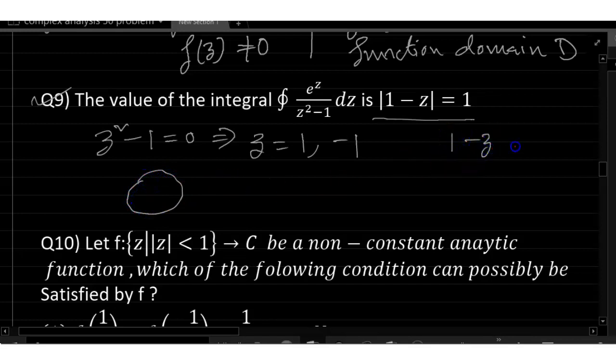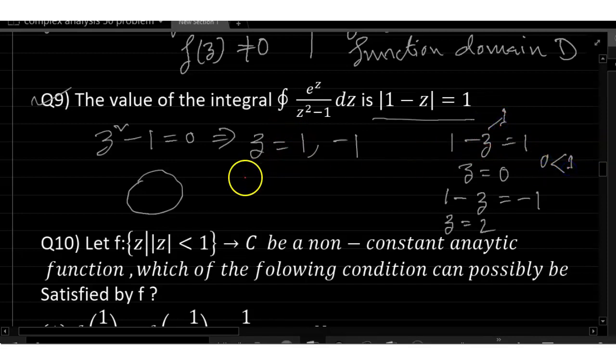1 minus z equals 1 gives z equals 0, and the other, 1 minus z equals minus 1, gives z equals 2. So if I put z equals 1 here, I get 0, and 0 is less than 1.